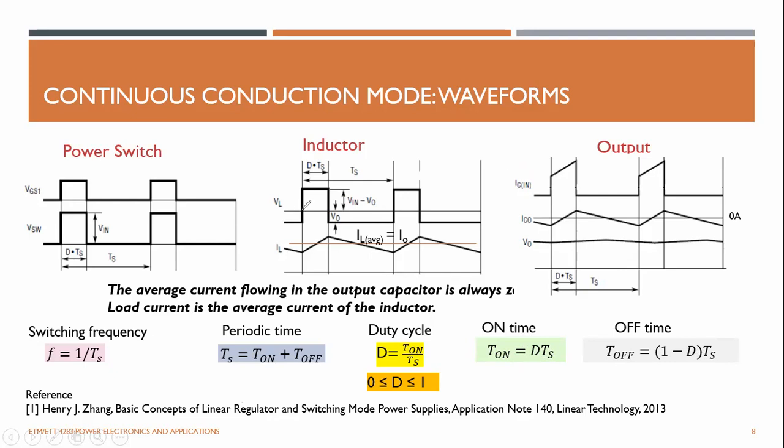Now, for the inductor, when you turn on the switch within the DTS time period, the inductor current is ramping up, right? And the inductor voltage is simply V in minus V out. In the previous case, I have shown you.